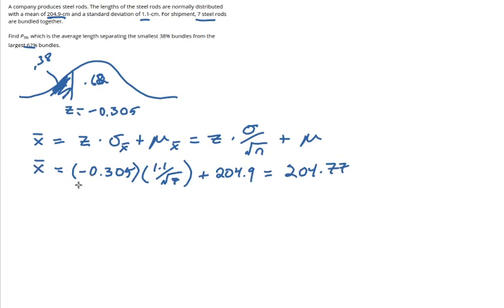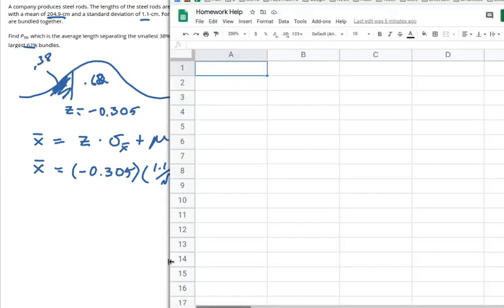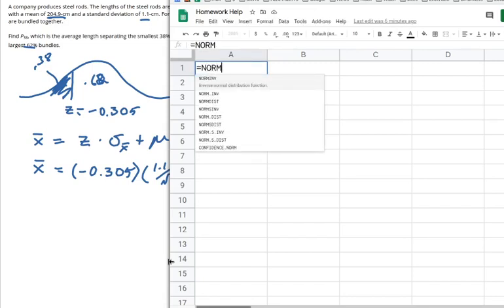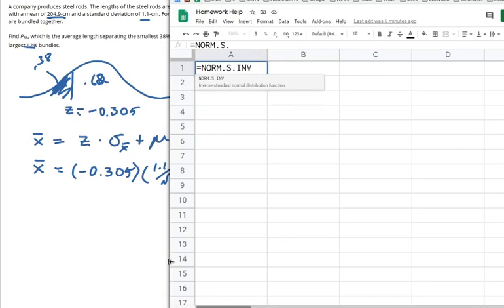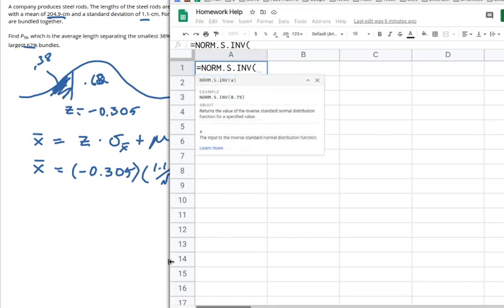Now, let's look at how to do this problem on a spreadsheet. I could figure out what the z-score is by throwing 0.38 into the NORM.S.INV function. All right, let's try this. NORM.S.INV function, 0.38.